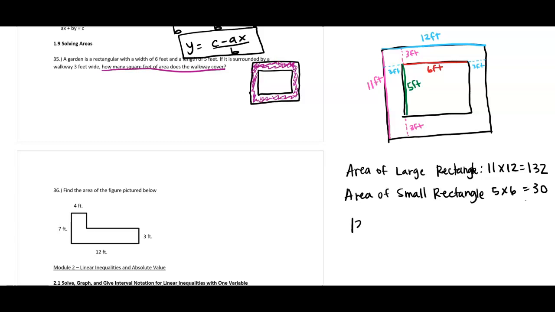I'm doing 132 subtract 30, which gives me 102, and make sure you remember your label. It's talking about square feet, so you can write it as feet squared, or just write it in words as square feet. And this is the area of the walkway.